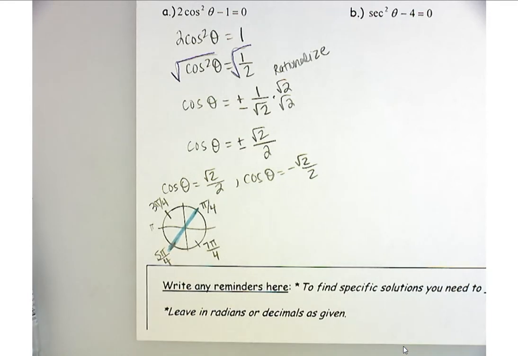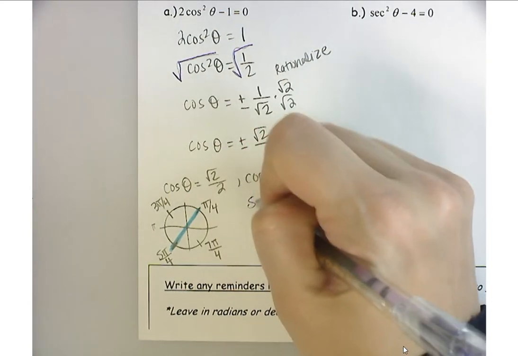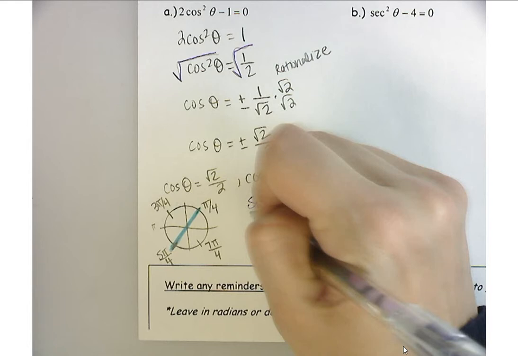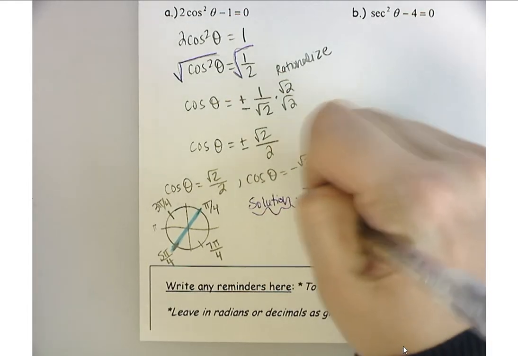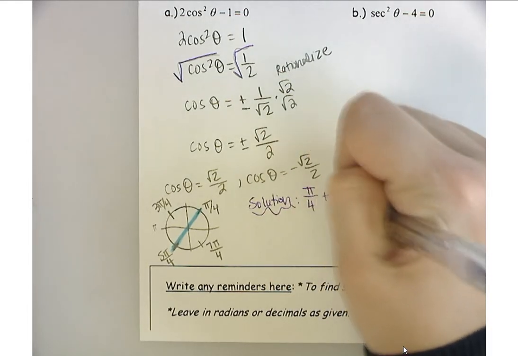If they're straight across the circle, what's the distance from one to the other? 180, right? Okay, so it would be pi. So what I can do for my solution is I can write this as pi over 4 plus pi times k.